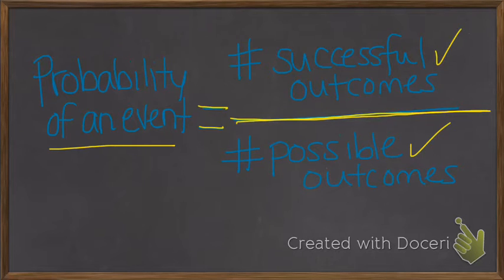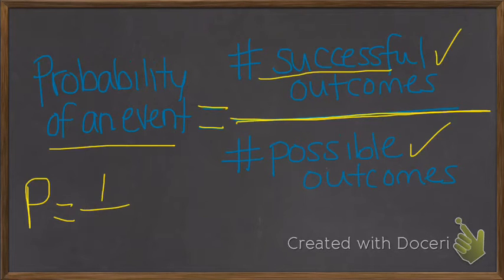So let's say when you throw a coin, the coin has how many sides, Mrs. P? Oh, I believe a regular coin should have 2 sides. It would have heads and tails, right? So if you toss a coin, the probability of getting a head will be 1, that is your successful outcome, divided by the total possible outcomes, which in a coin will be 2, because you have heads and tails.